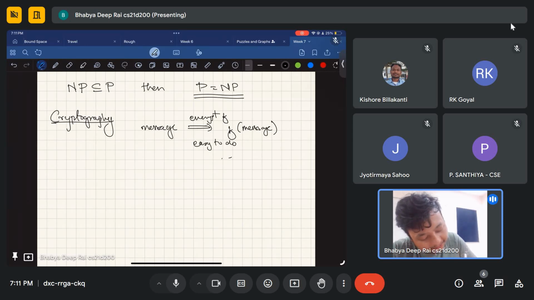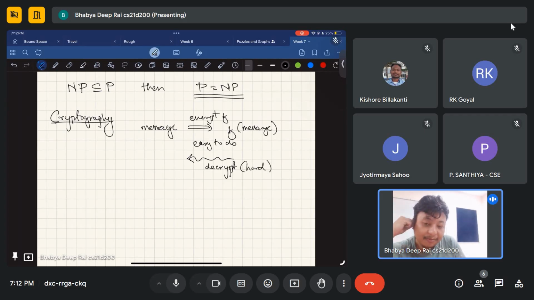But going back from the encrypted message to the original message, that is decrypting, is hard. It is very hard to do.